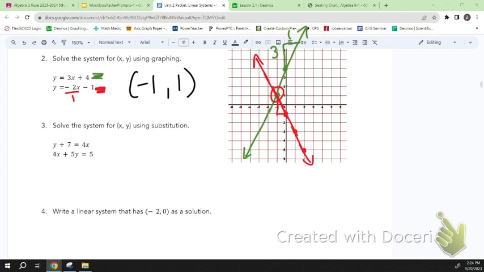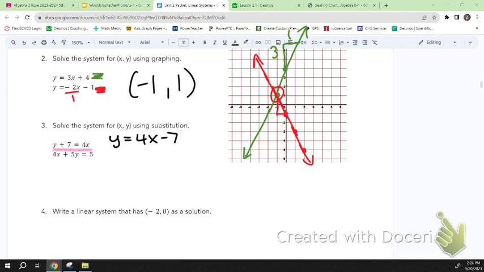Number 3, we're going to do substitution. How should we start it? Which equation should we start with? The first one or the second one? The first one, and what should we do, Noah? Subtract 7 from both sides. Yeah, let's subtract 7 from both sides. And now I got y equals 4x minus 7. What do I do with that now?